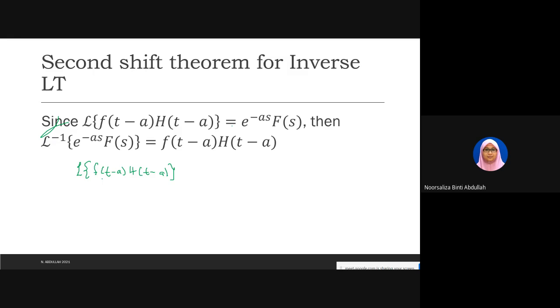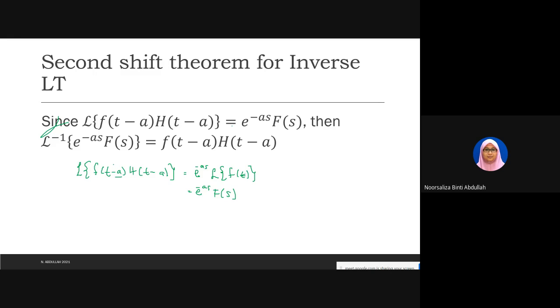We know that you can get an exponent, where this a is the second shift, minus as, and then you have to find the Laplace of f(t) instead of t minus a. Then the Laplace for f(t) is F(s).